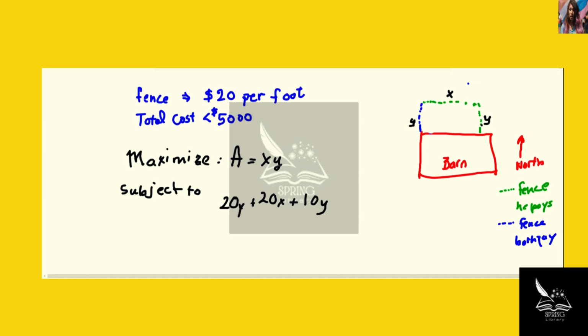So the first one is the cost for this part right here. Second one, 20X, cost for this. Third one, his cost for this. His neighbors have to pay the rest. And we need that to be less than or equal to 5,000. So let's just say equal to. All right, so if I simplify that a little bit, it's 30Y plus 20X equals 5,000.